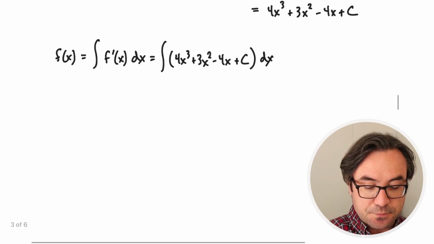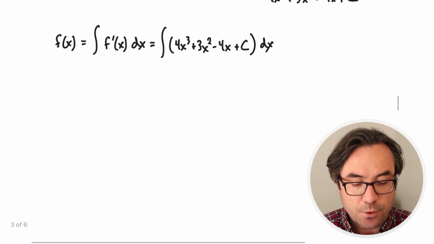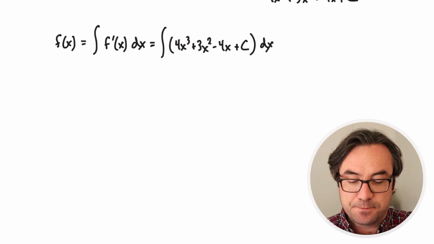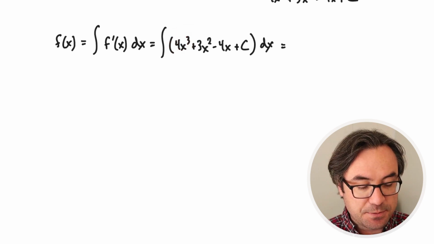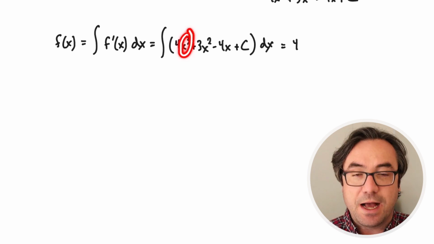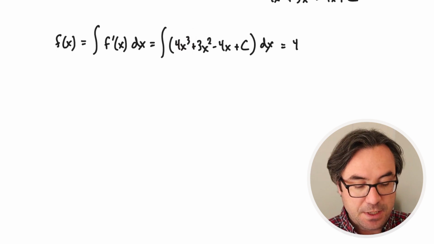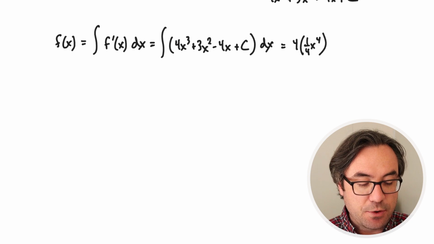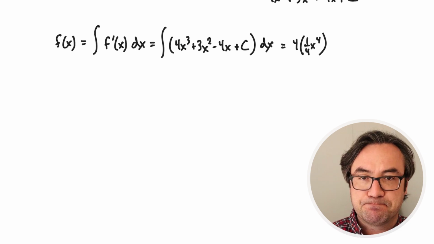Well, for 4x cubed, the 4 is a constant multiple, so it's just going to stick around in front. Then we do power rule on that x cubed: we add 1 to the exponent, take that new exponent, flip it, put it in front.